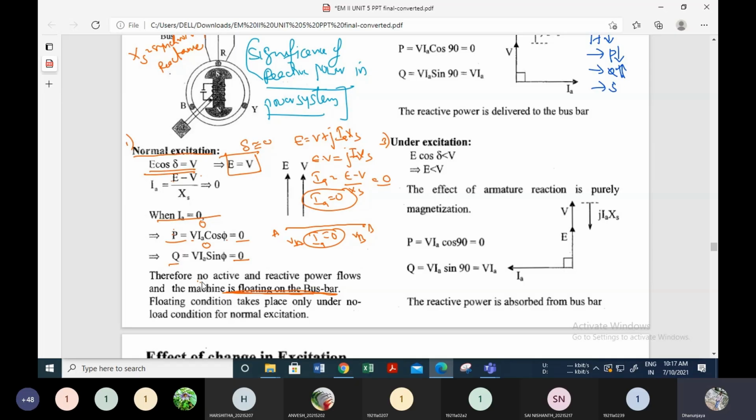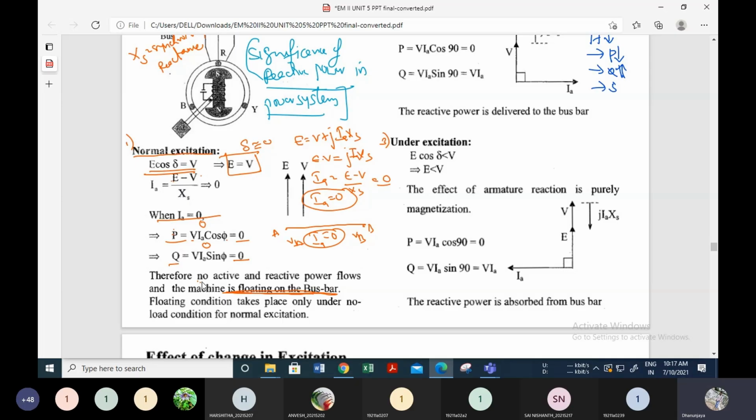The same phasor diagram I am representing here. This is the V phasor. With respect to this V phasor, the current is now leading. Current is leading by 90 degrees. That's the reason I am representing it ahead of voltage. Now I need to represent the IA XS.